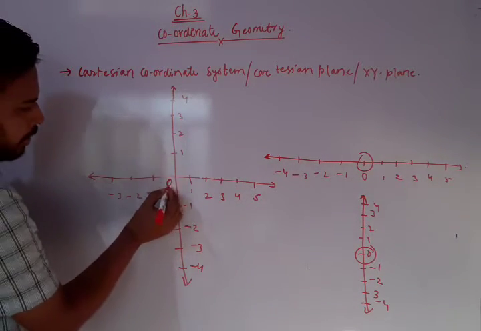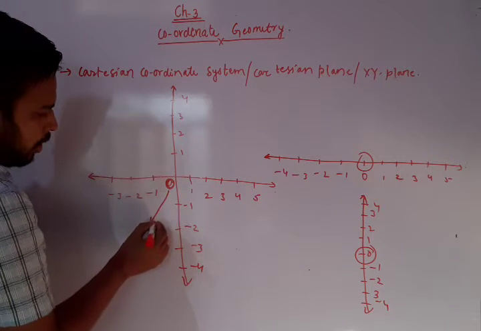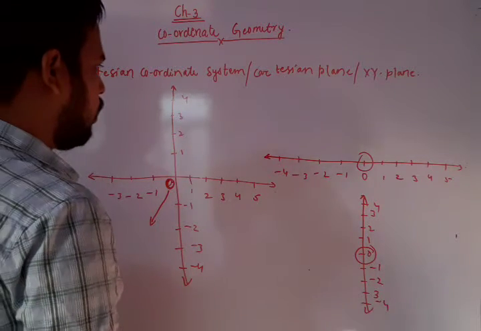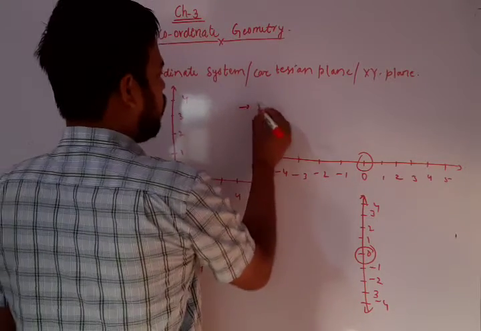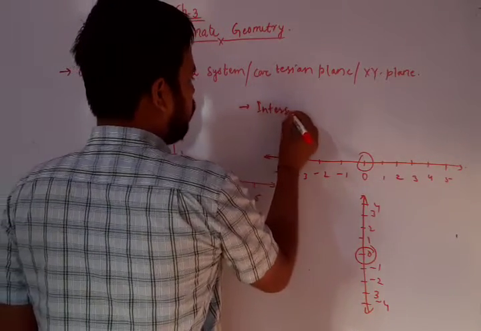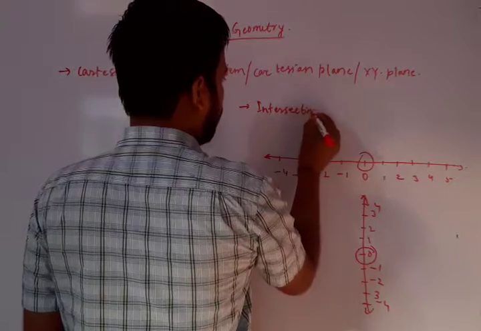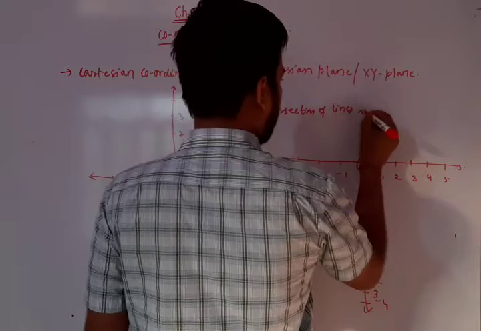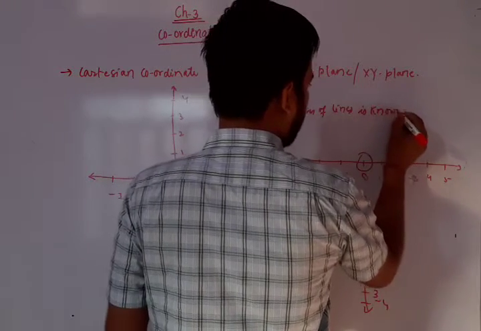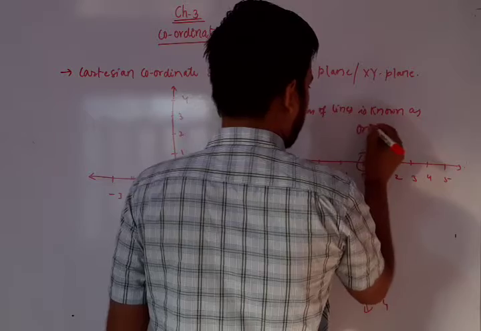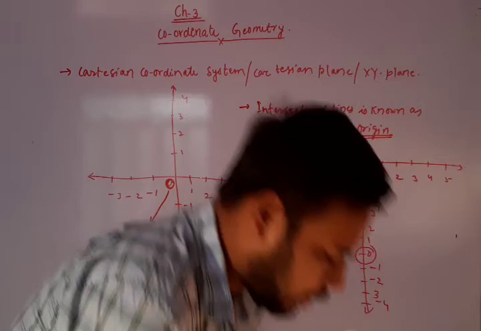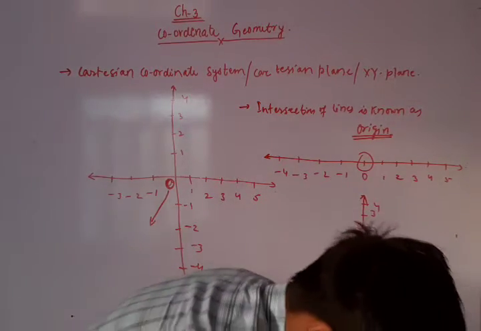Here we have mentioned this O. This O, where the two lines mutually intersect, is known as the origin. Intersection of lines is known as origin. Origin means the starting point.